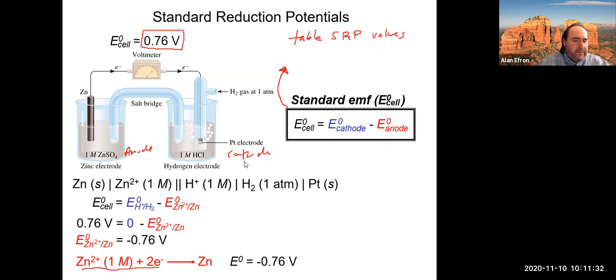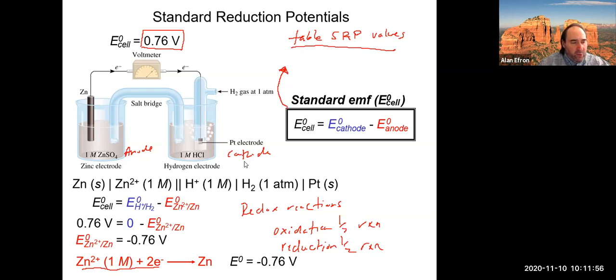And remember that ultimately what we're talking about here are redox reactions. And in these redox reactions, there's always an oxidation half reaction, and there's always a reduction half reaction. Now, when we look up these values in this table, they are all written as reduction half reactions, which means in reality, one of the reactions is not written correctly, and that would be our anode here.